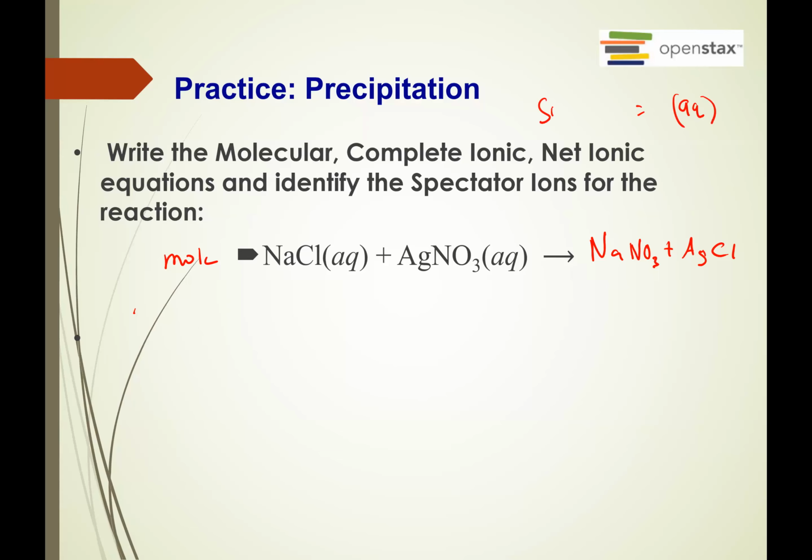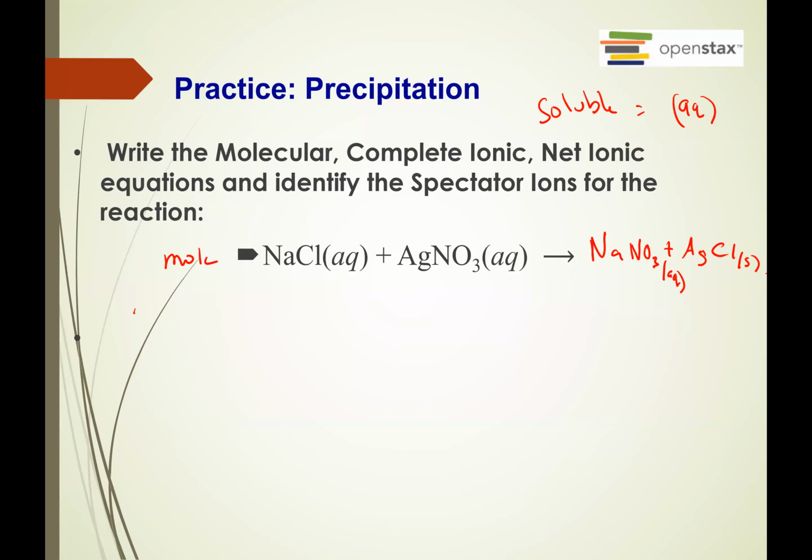If it's soluble, we write an aq. And chlorides are soluble except Ag, Pb, and Hg. So this one is our solid.